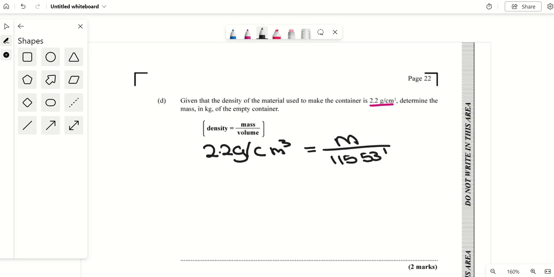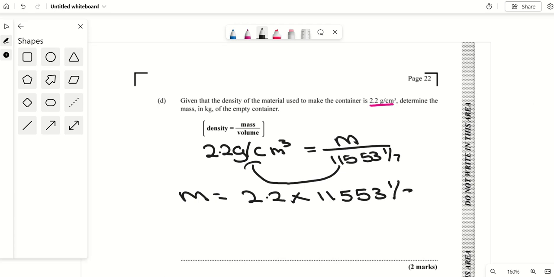So we will be using 11,553 and 1/7. Basically, we are making m the subject of the formula. The relationship between m and this value is division, so if we carry across, divide by turns to multiply by. So mass is equal to 2.2 multiplied by 11,553 and 1/7.